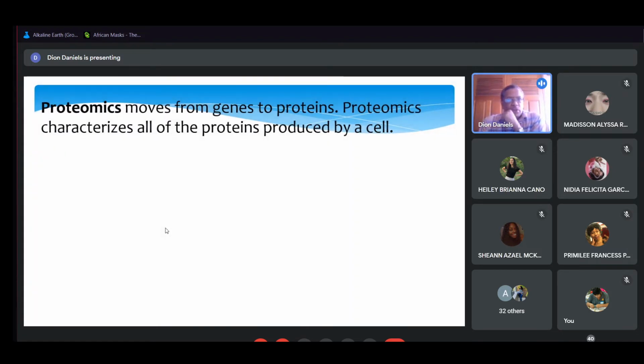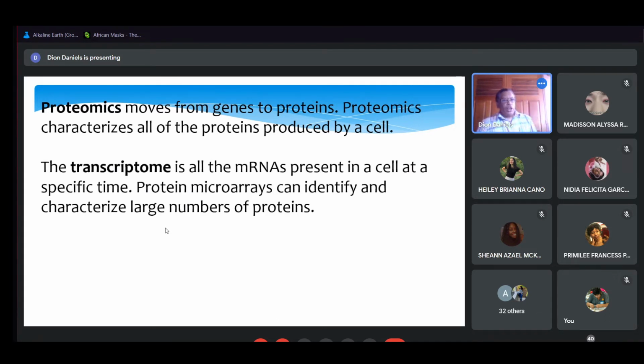Proteomics moves from genes to proteins, all right? That's the central dogma of molecular biology. Proteomics characterizes all of the proteins produced by a cell. The transcriptome is all the messenger RNA present in a cell at a specific time. Why is this important, at a specific time?